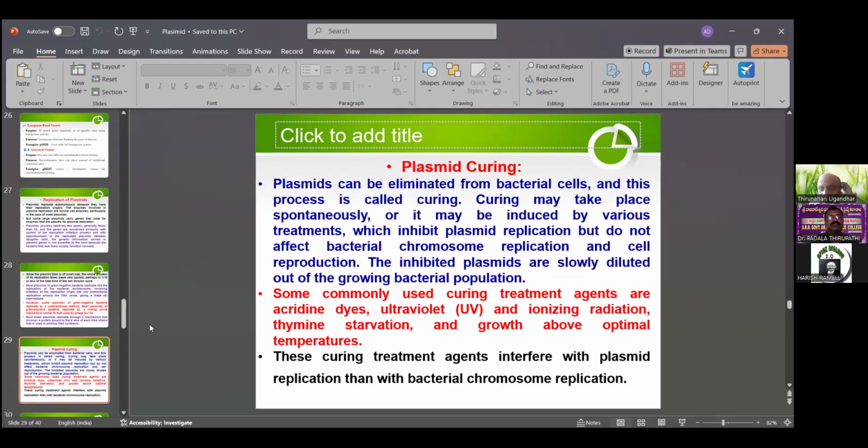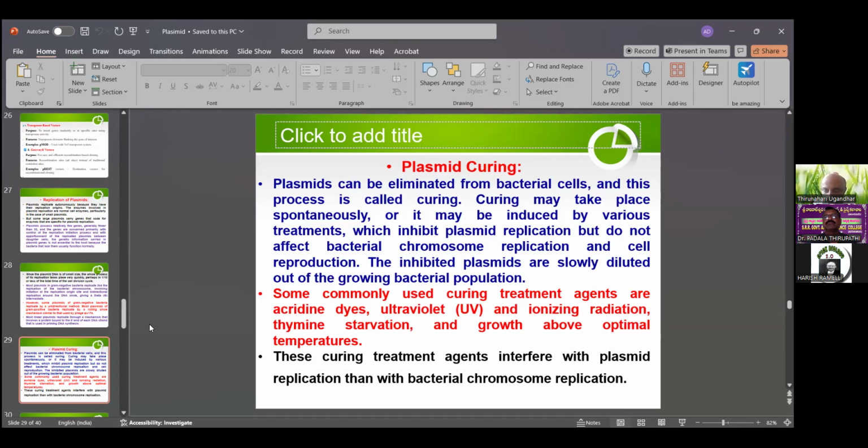Curing may take place spontaneously or it may be induced by various treatments which inhibit plasmid replication but do not affect the bacterial chromosome. So only the plasmid is cured. Curing does not affect the original chromosome of the bacteria. With chromosome replication and cell reproduction continuing and plasmid replication inhibited, plasmids are slowly diluted out of the growing bacterial population.